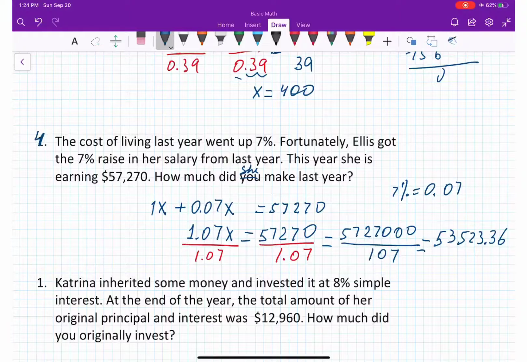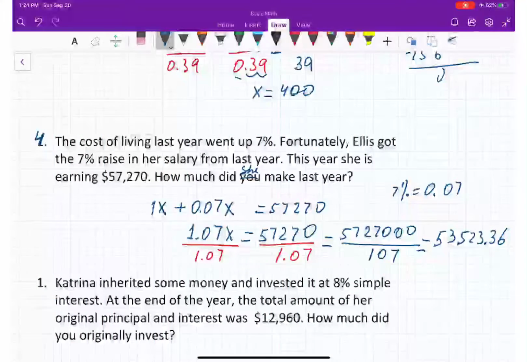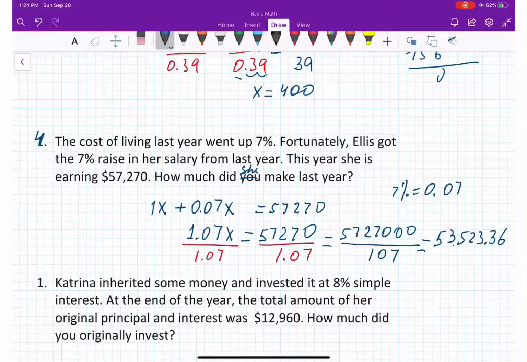We round it to hundreds. Okay, that would be your result.